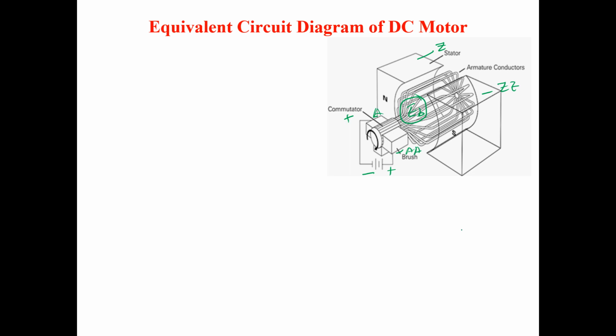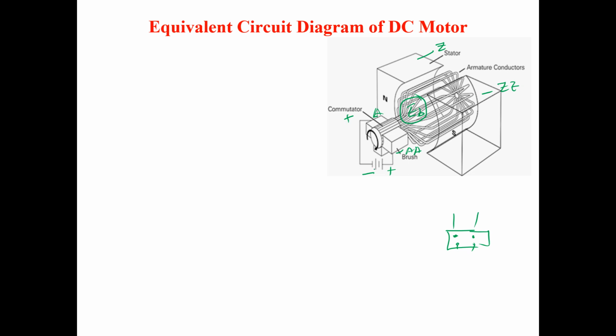That means for the motor we have to put four connections of supply, Z, double Z, A, double A. That means a doubly fed motor. From this constructional view, we are able to develop the equivalent circuit.